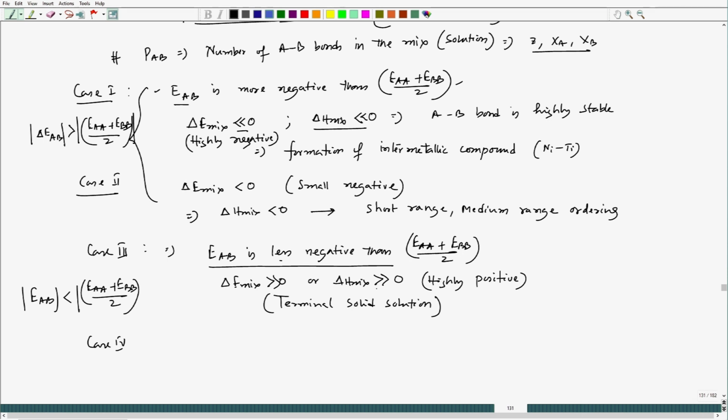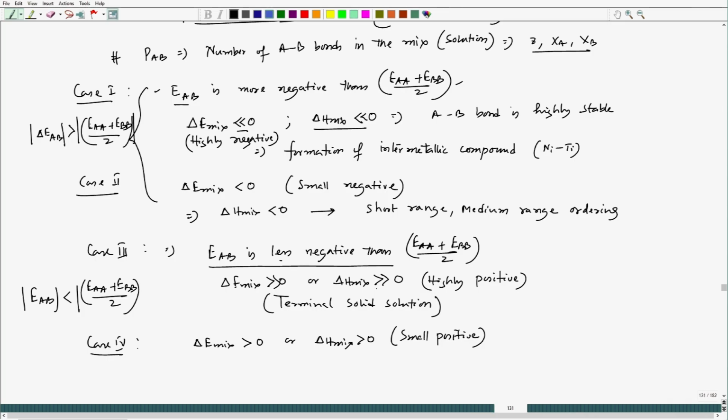Okay. Now, case 4, same condition, but del Hmix is small positive. At that time, definitely in this case AA and BB type of bonds would like to have their own neighbor.